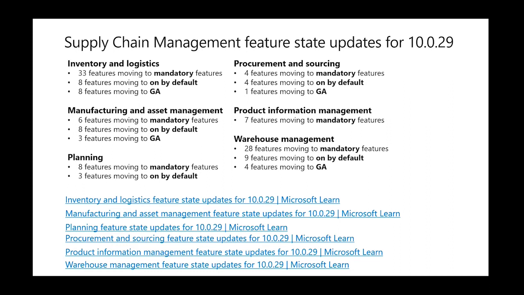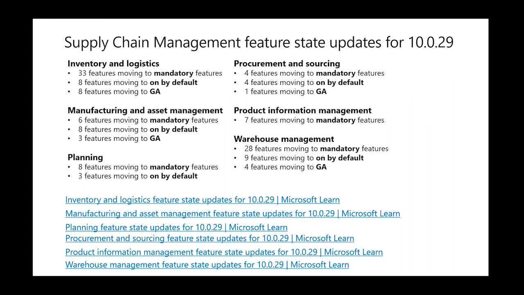So the thing that is probably most important are the on by default and the mandatory components here. Taking a quick look at inventory and logistics, for example, we have 33 features moving from on by default into the mandatory state. So if you had a feature that was on by default, you manually disabled it, and you update to 10.0.29, it will actually be enabled for you.